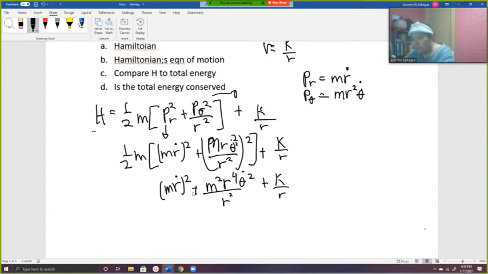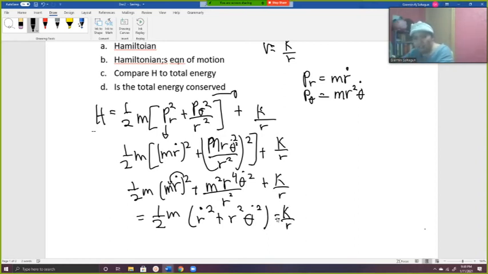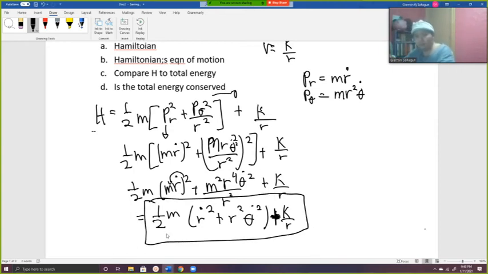If we simplify this, this will be 1/2 M R dot squared plus R squared theta dot squared and KR, negative. Positive here. There you go.